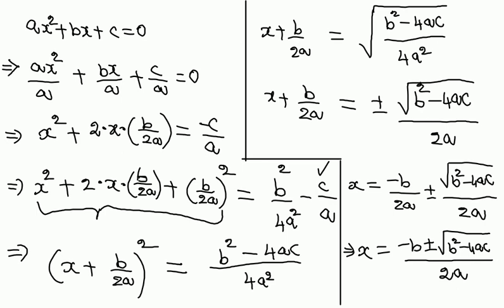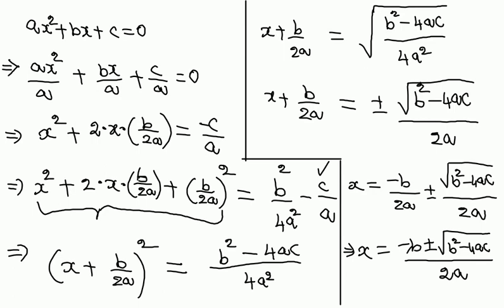Here the first root alpha is minus b plus square root of b square minus 4ac by 2a. The second one is minus b minus square root of b square minus 4ac by 2a. So in this way we can calculate the roots of the quadratic equation.